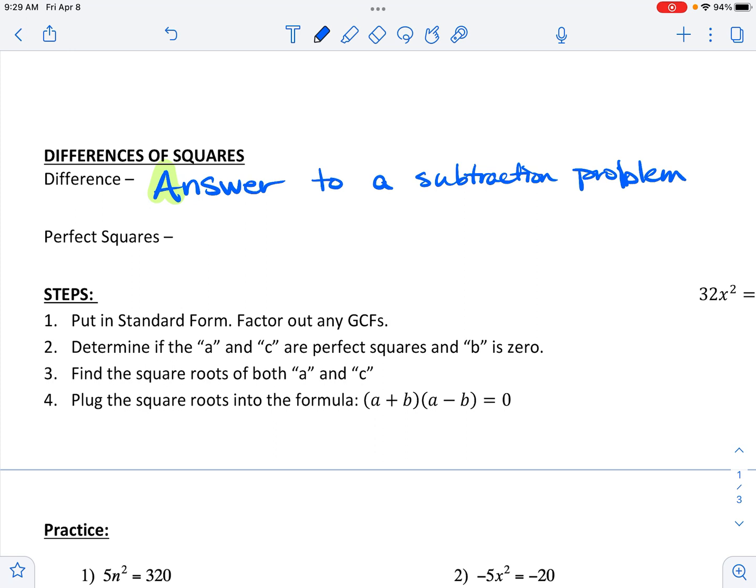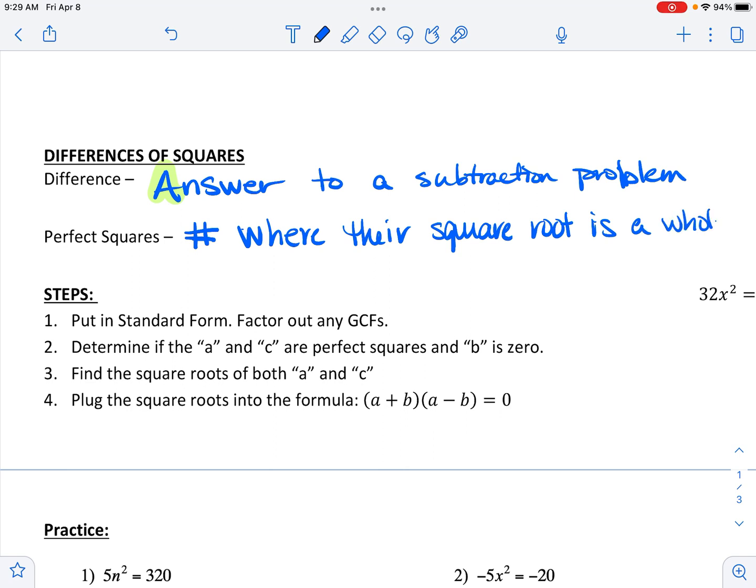Well, this is a number where their square root is a whole number. We have talked about these.